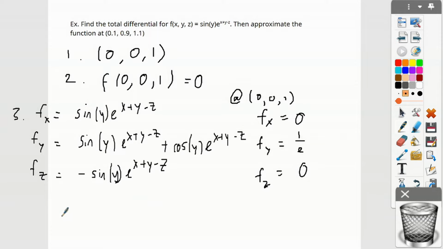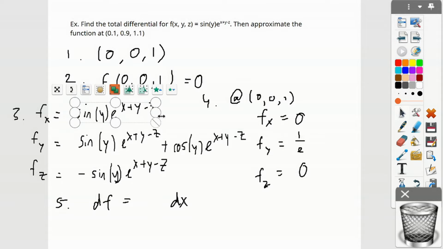And f sub z, sine y is 0, so it's 0. Right, so the approximation that you actually end up getting is, well, first of all, let's write the total differential. So step 5. That's step 4. df is equal to f sub x dx, right?